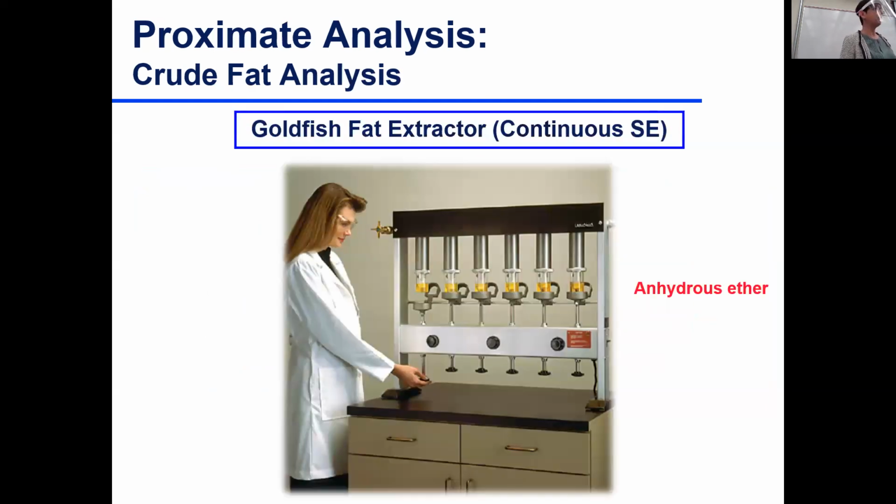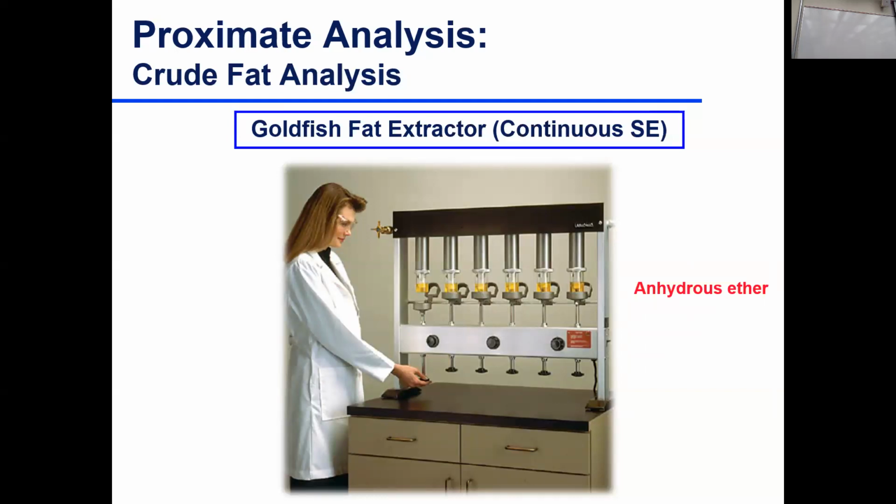All right, goldfish. This is the apparatus that I'm familiar with, and I have a story associated with it. But before I tell the story, I'll tell you how it works. There's a picture of it, but I'm going to show you what's inside. Basically you have a hot plate. These are heated plates.